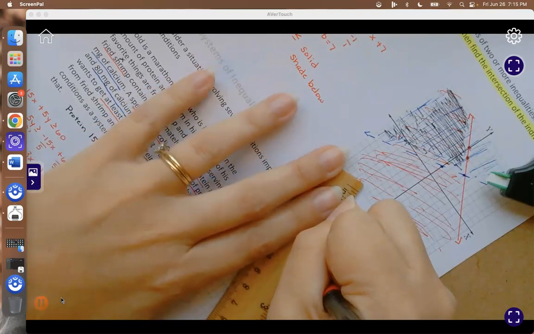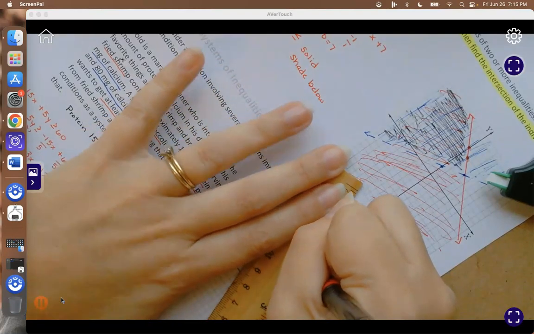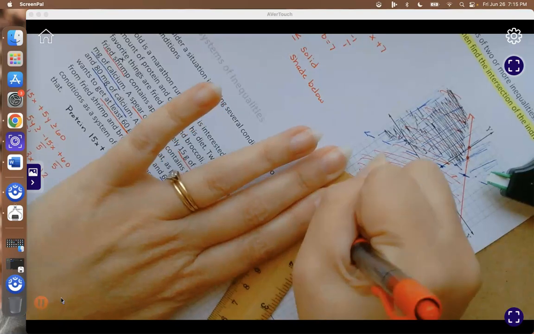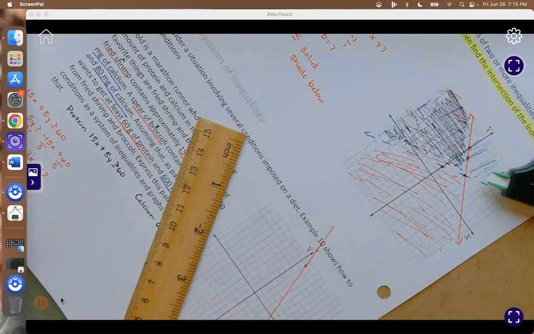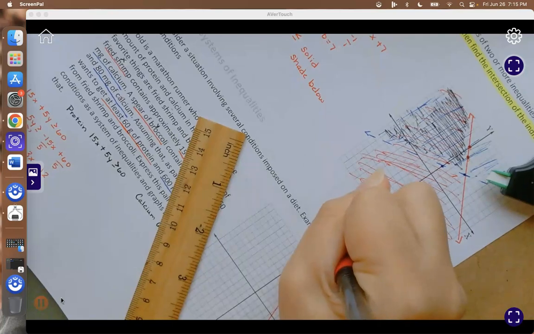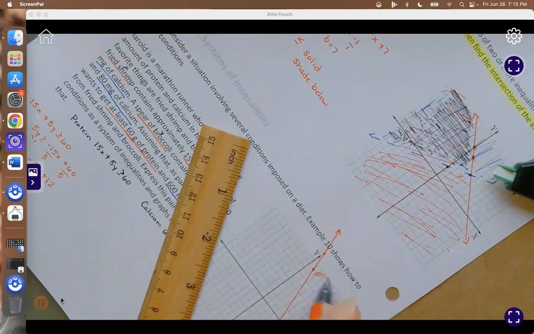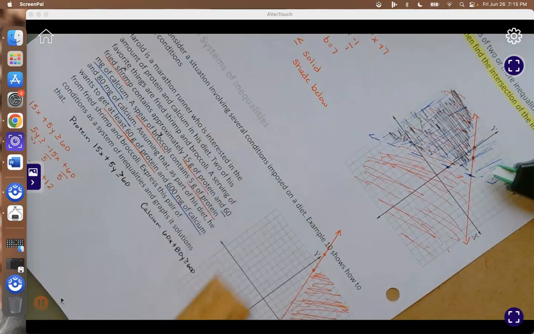Okay, so here it's solid, we said. And we shade above. Okay. So we have that.